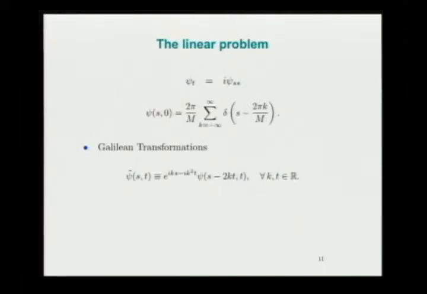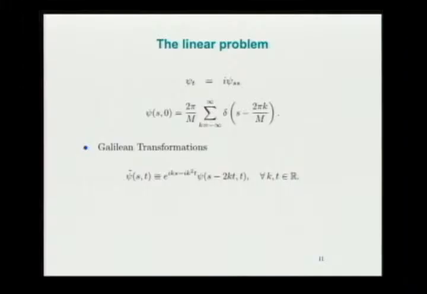If you give me a solution of this problem, and I construct this new function, say phi tilde, it turns out that if I plug this expression in the equation, I obtain another solution. So this is a way of using one solution to generate another one, depending on the parameter k.